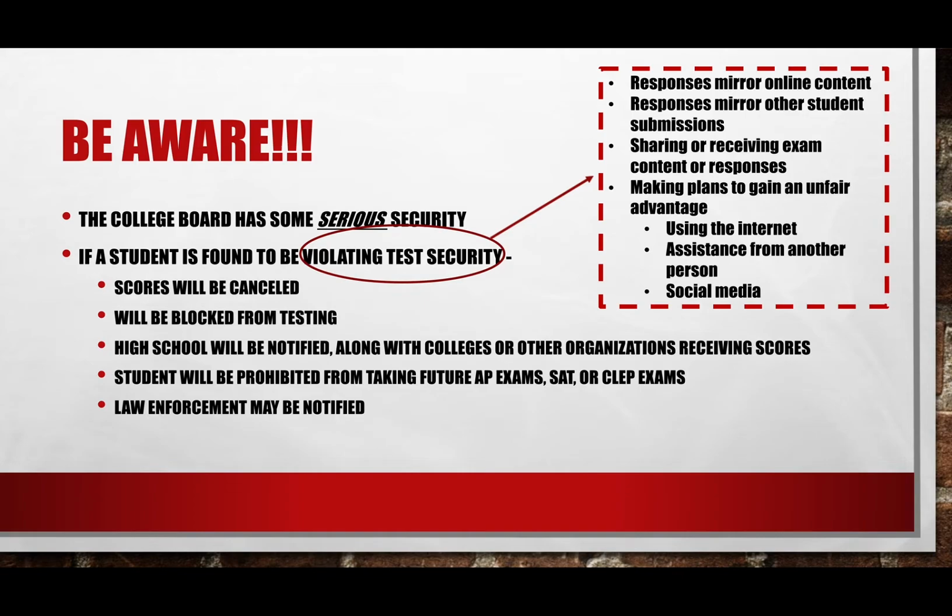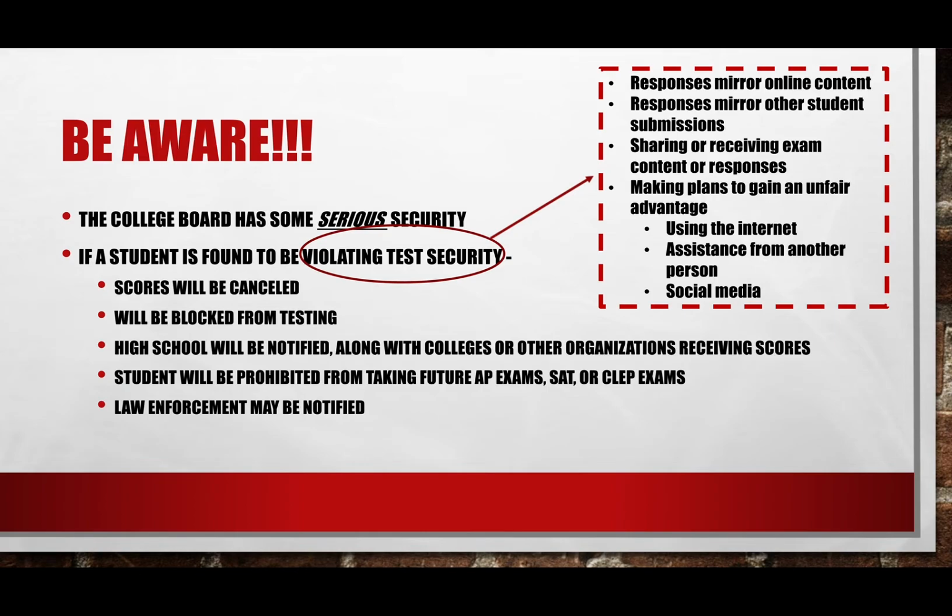Well, they have these fabulous little originality checkers, guys. And if anything is online that has that same wording or the same type of structure, it'll pop up as not being original. Okay, so if your responses mirror online content, or if your responses mirror other students' submissions, I know that it's tempting, but that's another thing that is violating test security.